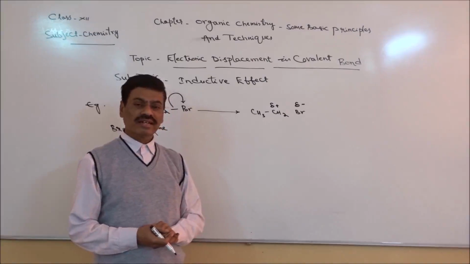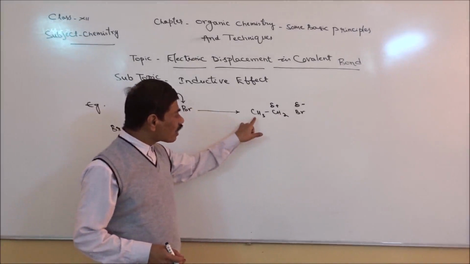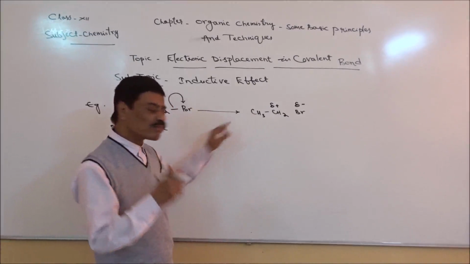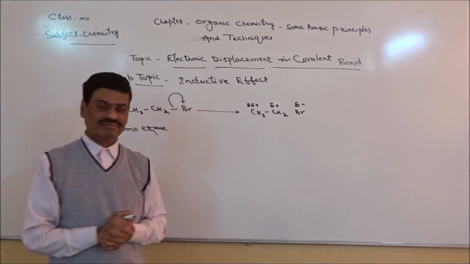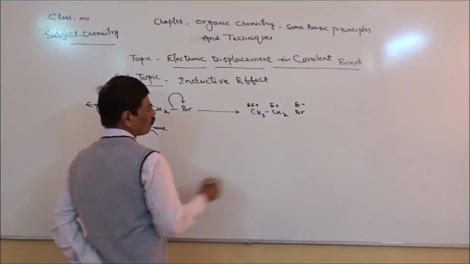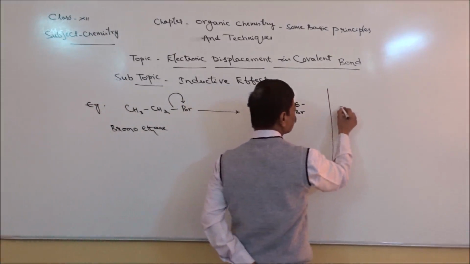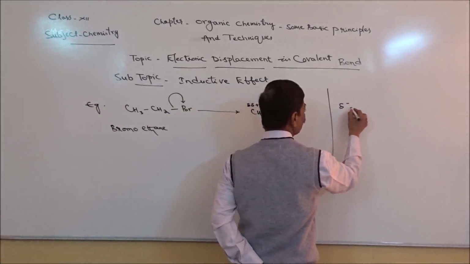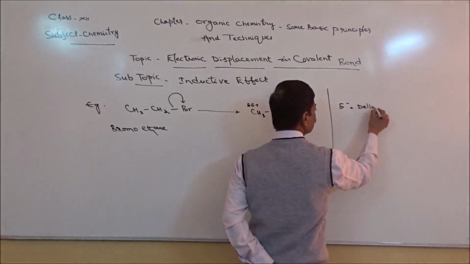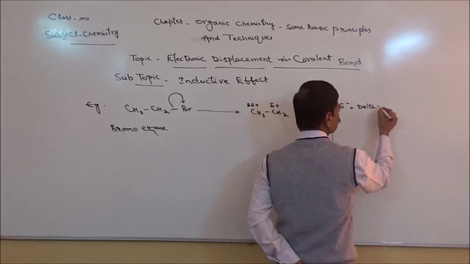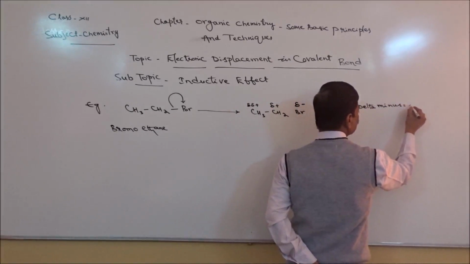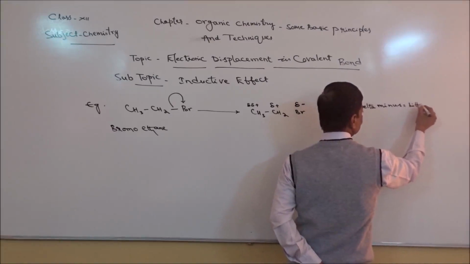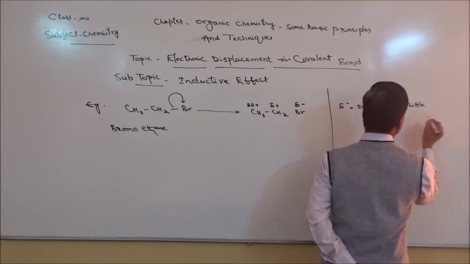Delta means little. Next, second carbon atom will also get little positive charge, but that is indicated by this sign. So in this case, delta minus, this should be read as delta minus. It means little negative charge.